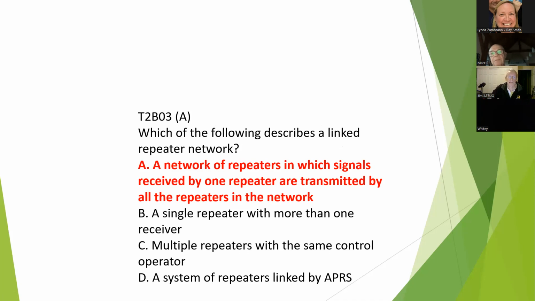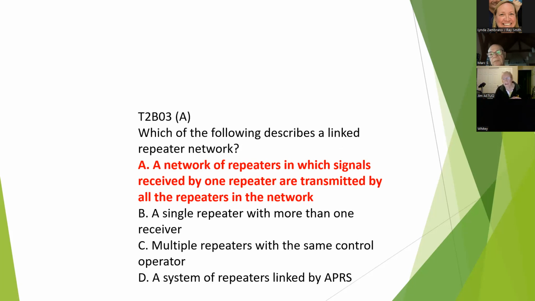Which of the following describes a linked repeater network? I think the key here is network. It's a network of repeaters in which signals received by one repeater are transmitted by all the repeaters in the network. On Vancouver Island up here in British Columbia, there's what they call the Island Trunk.